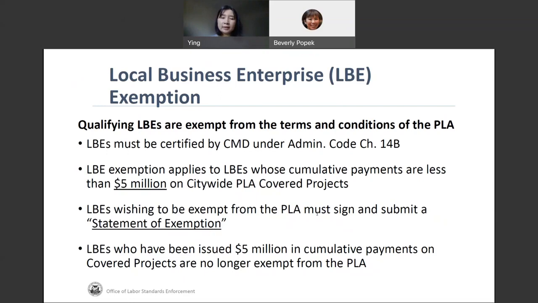LBEs wishing to be exempt from the PLA must sign and submit a statement of exemption. LBEs who have been issued $5 million in cumulative payments on covered projects are no longer exempt from the PLA.